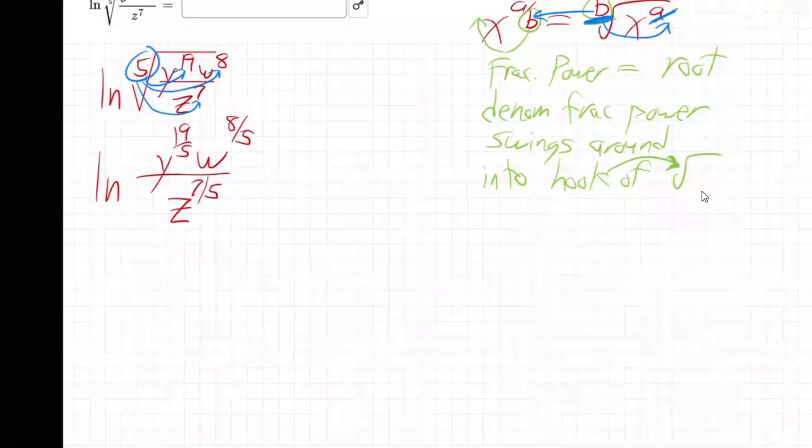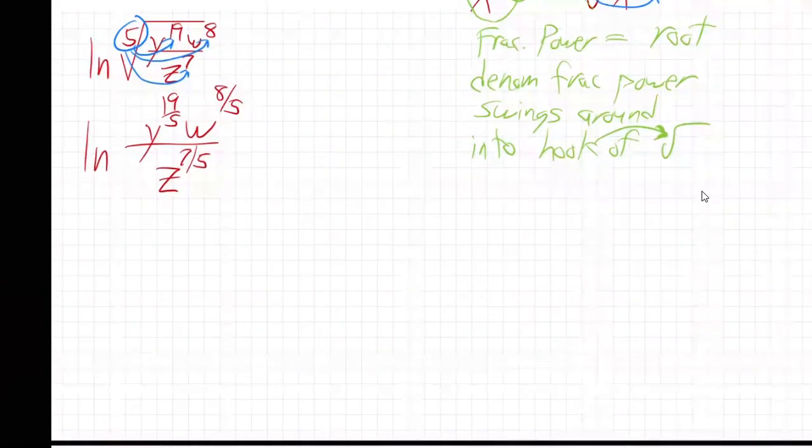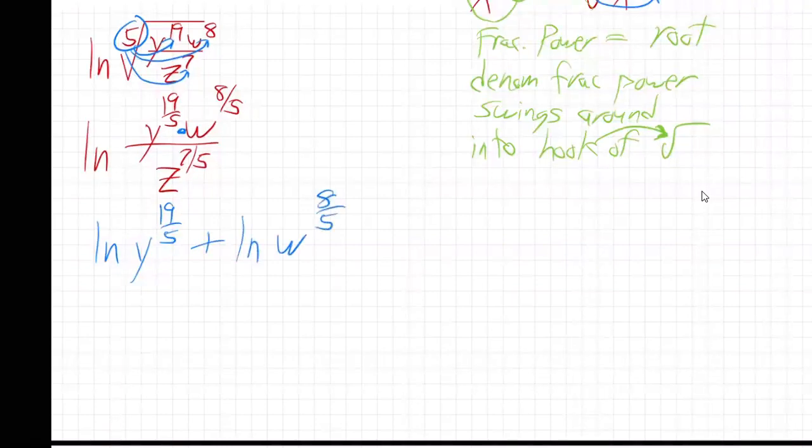All right, so now what? Now I can break this into several logs. ln, this is times, so it'll become adding. And this is divide, so it'll become subtraction. Do we all see that?